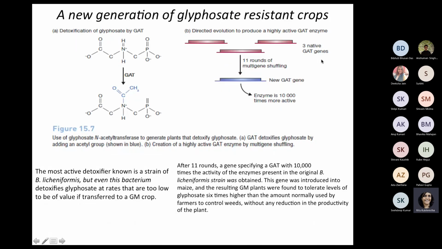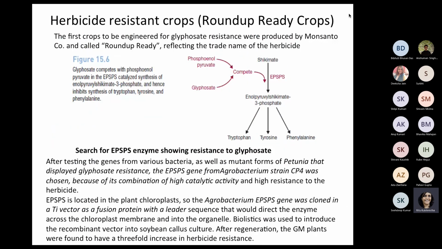Then the idea was that in this case what you are doing is making this pathway resistant to the effect of glyphosate by adding a mutant or altered enzyme. But finally glyphosate was found to accumulate in the plants, and then it was affecting the growth or reproduction of the plants.